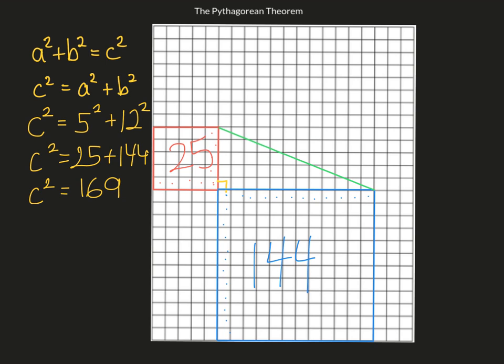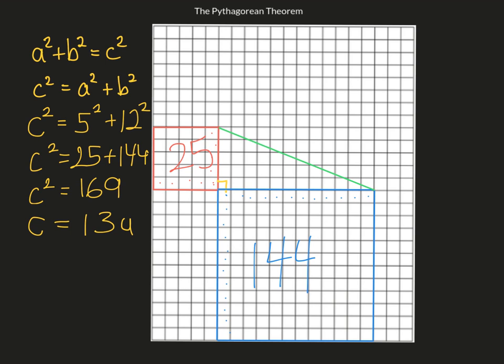And if we square root each side, C equals 13 units. Now remember, when we square root C squared, we get C. And when we square root 169, we should get plus or minus 13, except for when we're talking about an actual length. And then, of course, there's no negative length.